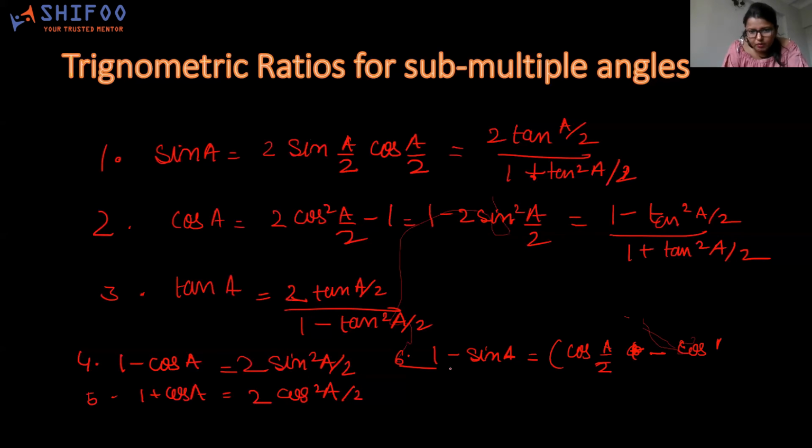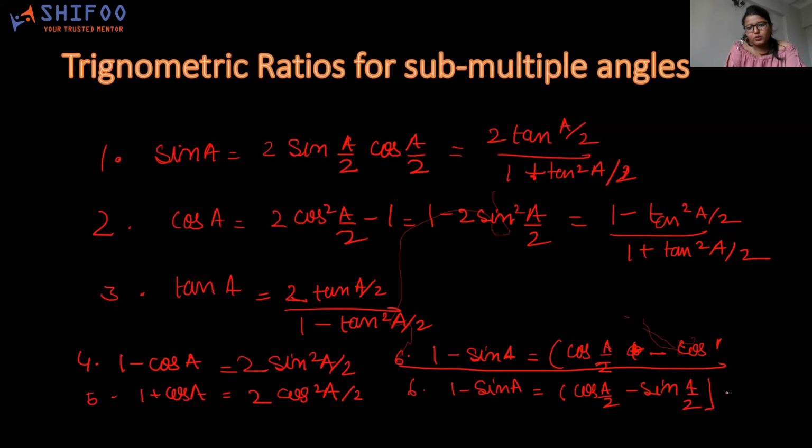Let me correct this formula. Sixth one is 1 minus sin A is cos A by 2 minus sin A by 2 whole square. And seventh is 1 plus sin A as cos A by 2 plus sin A by 2 whole square.